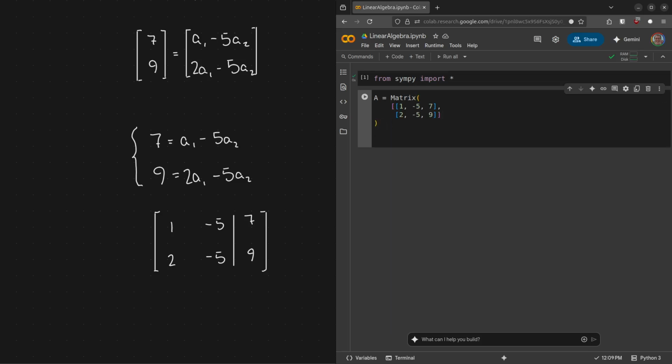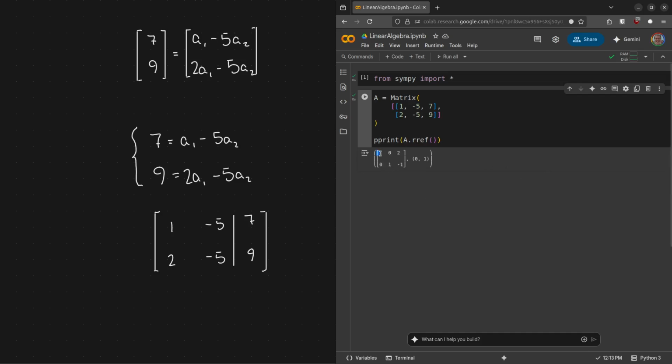So I've got matrix A, and I want to tell the computer to find the reduced row echelon form of matrix A. So A dot RREF, reduced row echelon form. And then to make it pretty, I'll do pprint. Pretty print.